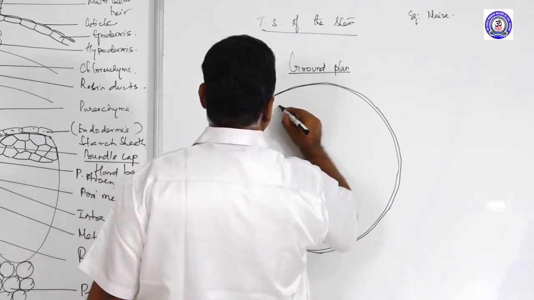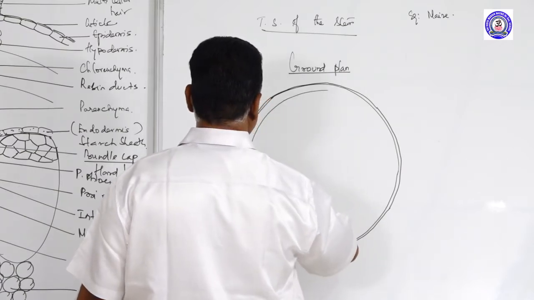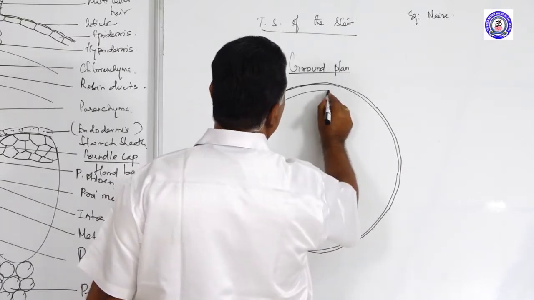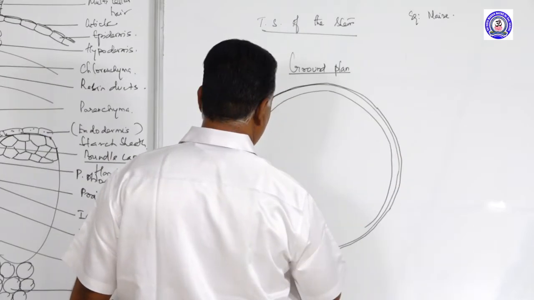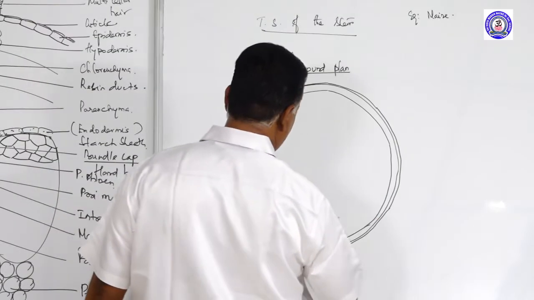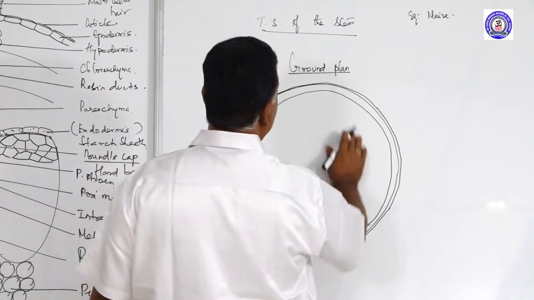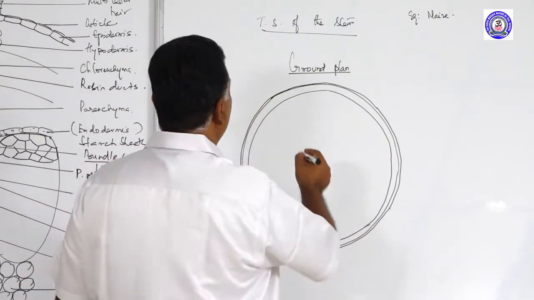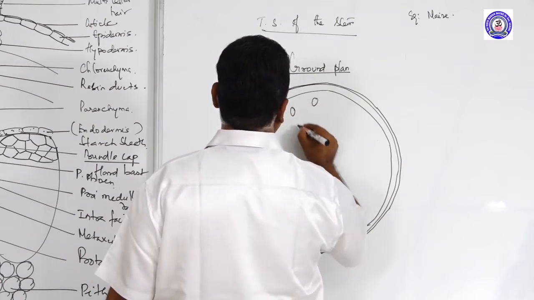Next to the epidermis is a band of sclerenchyma, that is called hypodermis, and this is the entire ground tissue in which we will see vascular bundles.